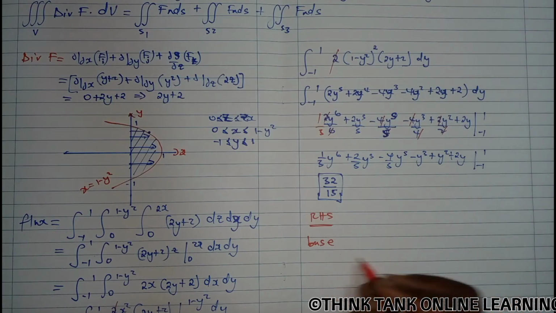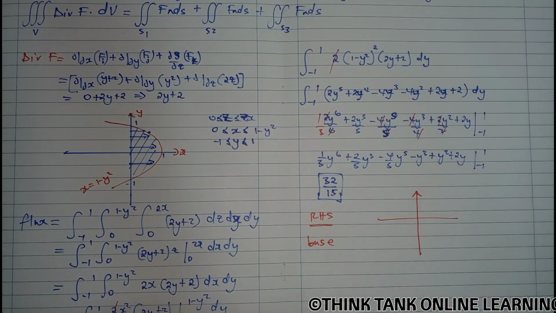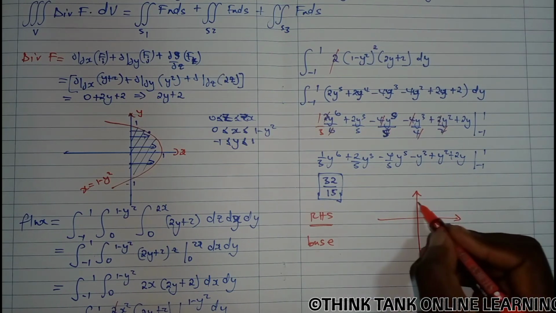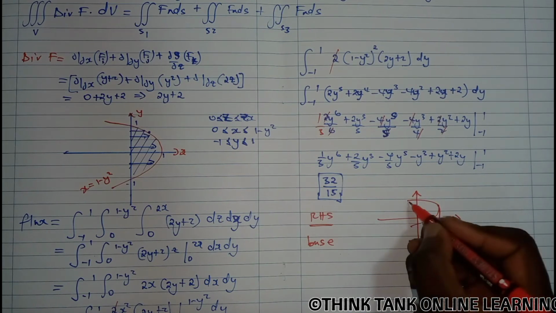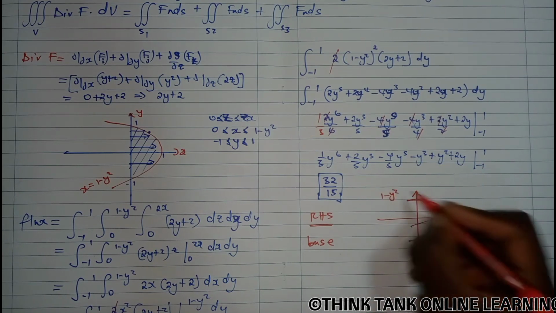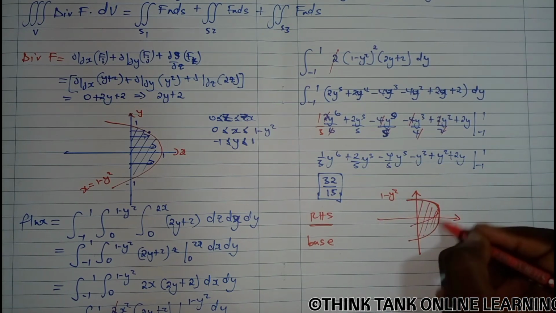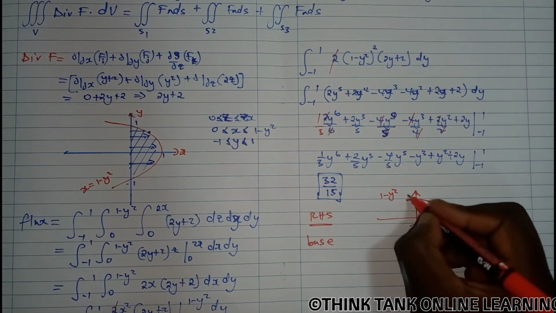We've said the equation of the base. We're now in the xy plane, so for the base we don't have any z, so we have something like this. This is the graph of 1 minus y squared, and we have 1 here, and we have -1 here.